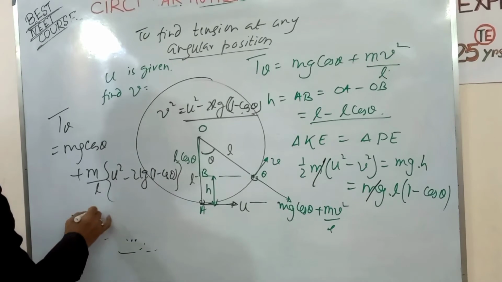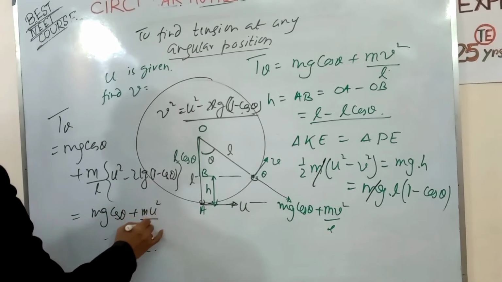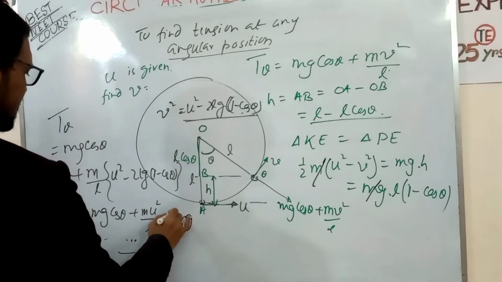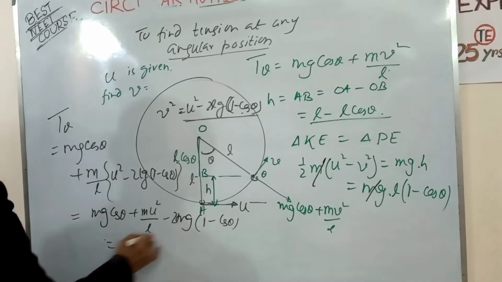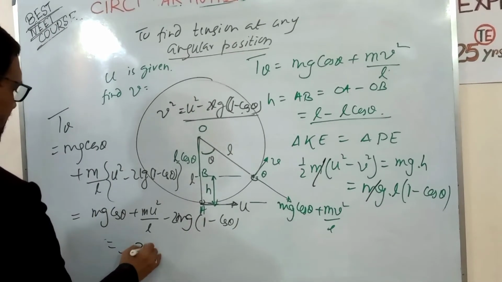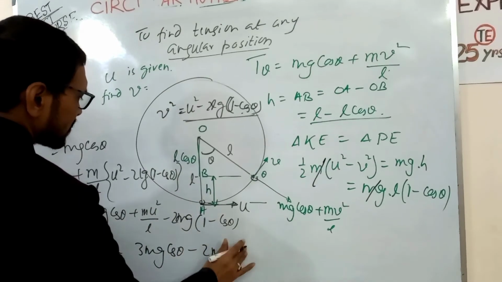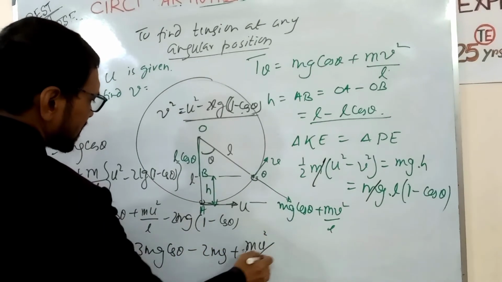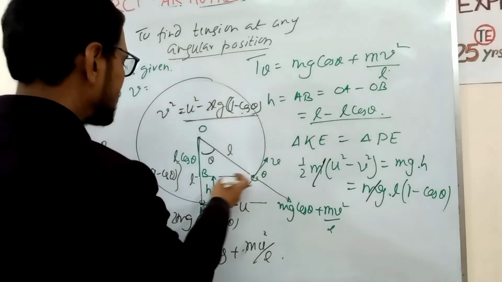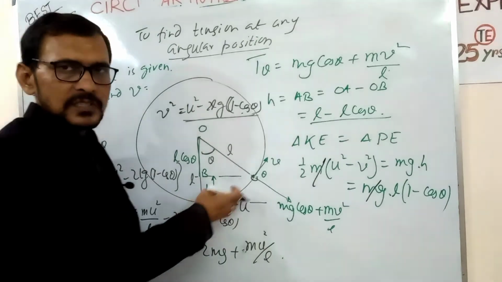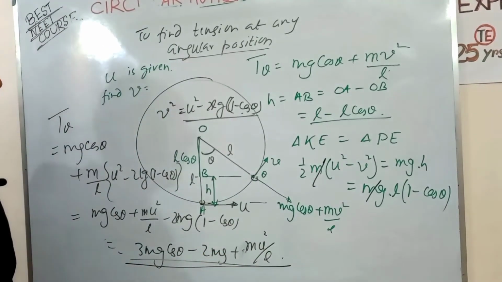So mg cos theta plus m u square by L minus 2mg into 1 minus cos theta, which is equal to, just calculating, 3mg cos theta minus 2mg plus m u square by L. So this is the tension at any angle theta. If the values are given in numericals, just put them here and you get the result.